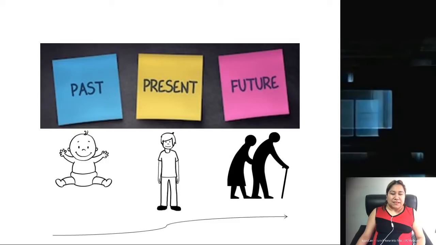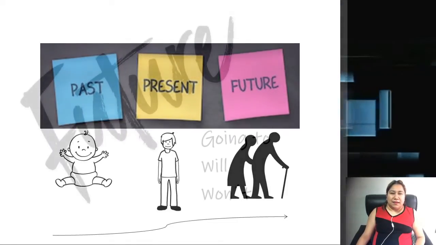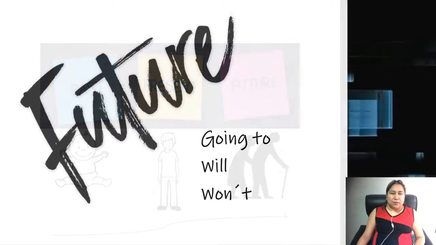I know that this tutorial is essentially aimed at young people. However, everyone can use it. So, specifically, the topics that we are seeing today are all related to the future.